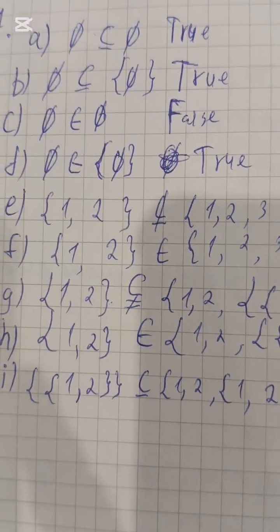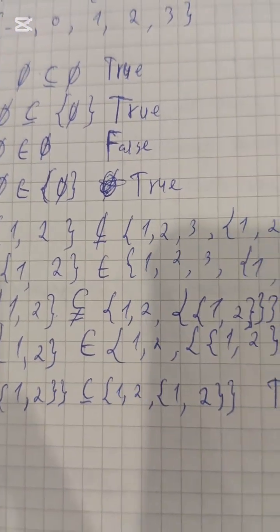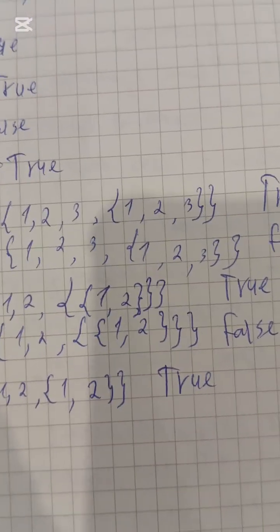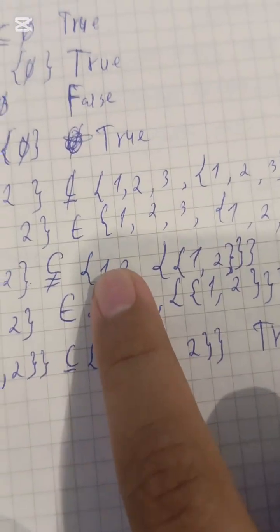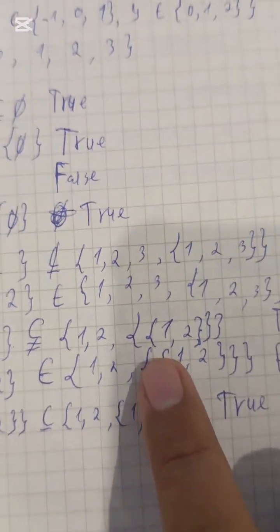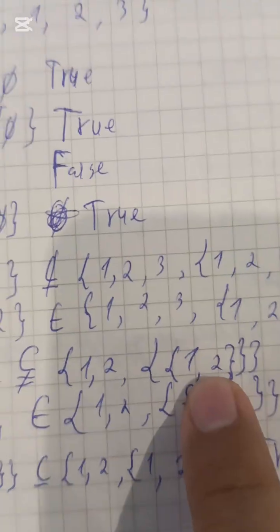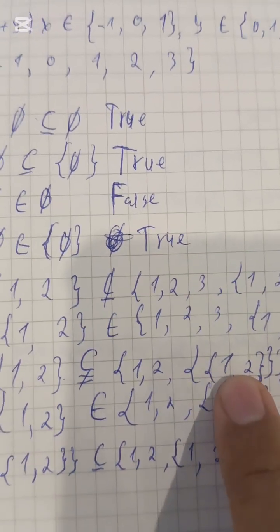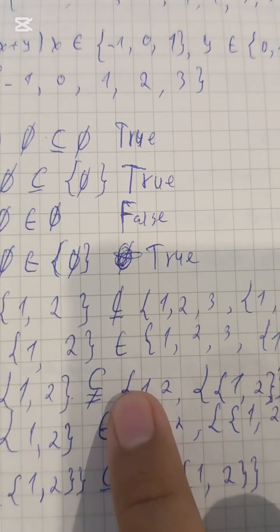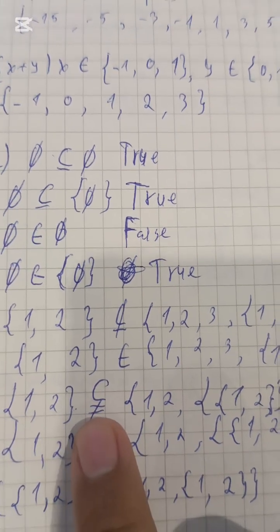So due to that it's not an equal sign, it will be true because there is also 1 and 2 regarding this set. So this set is it is, but not that. So this sign is proving that it will be true.